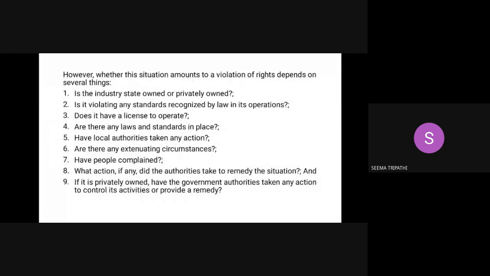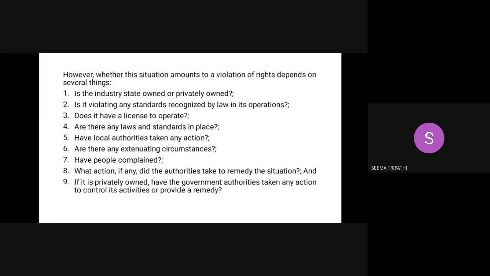And do they have the license to operate in that society? That is why most of the times we see industrial estates, industrial areas. There are separate places where you have to manufacture your products. You cannot start your manufacturing unit in your society, at your neighbor's house. Clear? Then there are laws. Is there any standard set by the government?